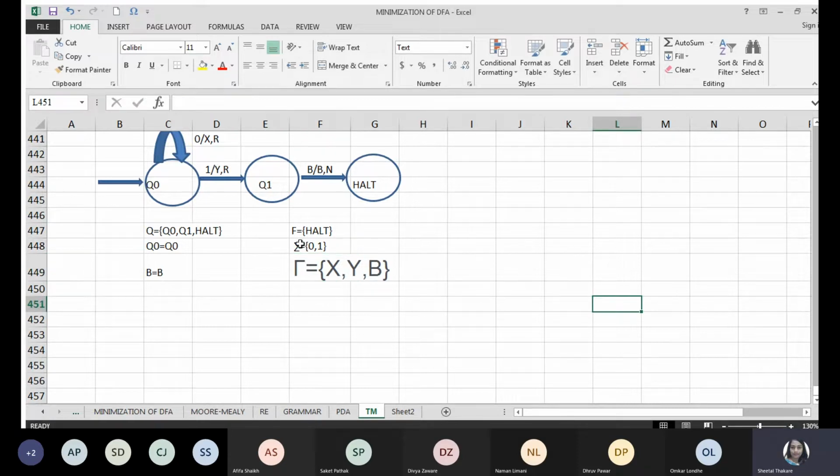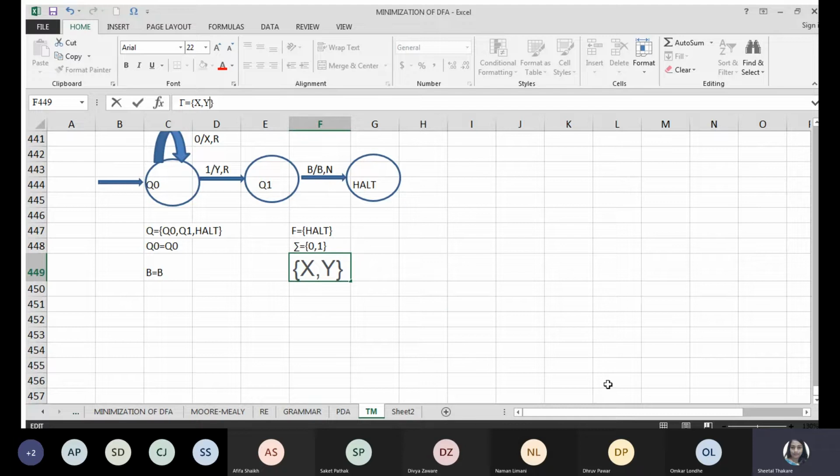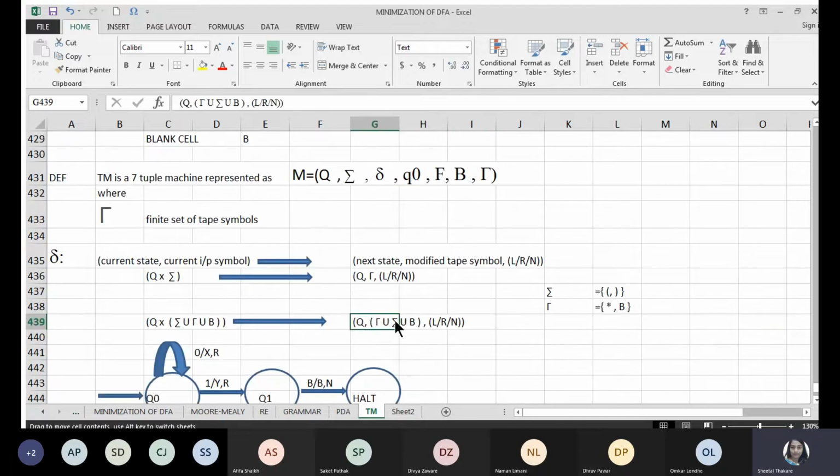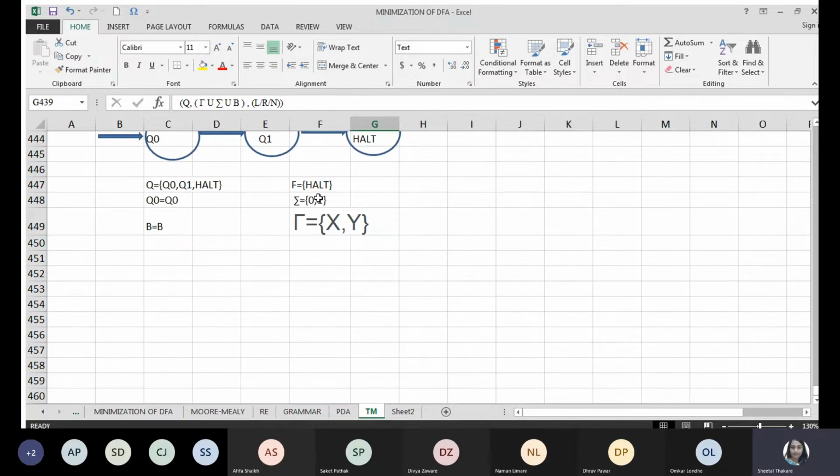So now you will find that the union of this will be 0 1 X Y B.